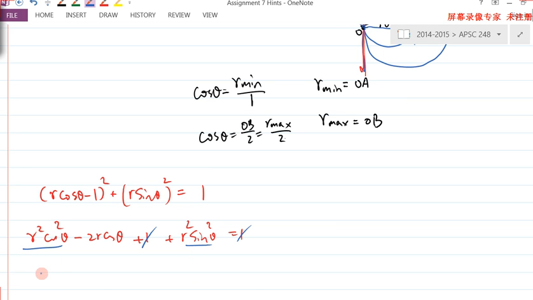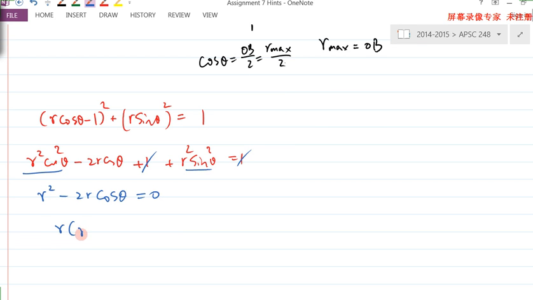Taking r squared out, cosine squared plus sine squared is 1, so r squared minus 2r cosine theta equals 0. Take out the common factor r, so r times (r minus 2 cosine theta) equals 0. So either r is 0 or r is this, but r cannot be 0. So the only possible solution is r equals 2 cosine theta.